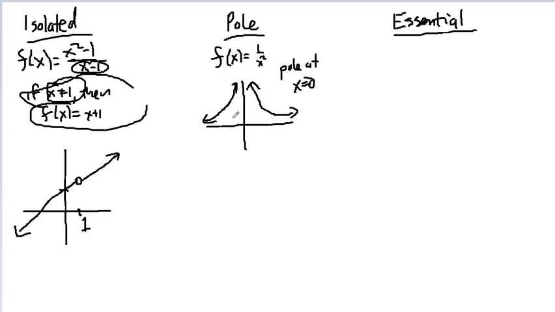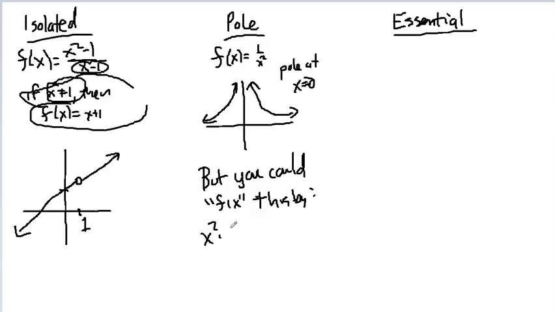Sure, you can't plug in 0, but in some sense you could fix this by multiplying by x squared. X squared times f of x equals x squared times 1 over x squared equals 1.